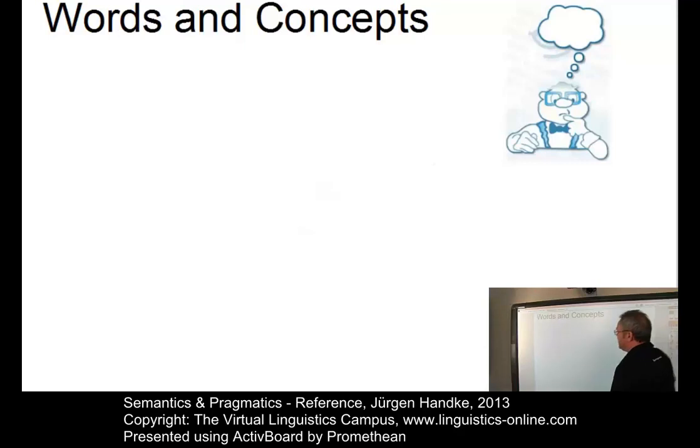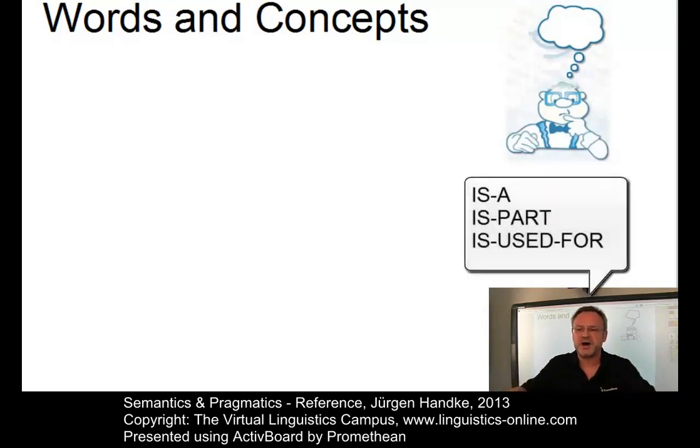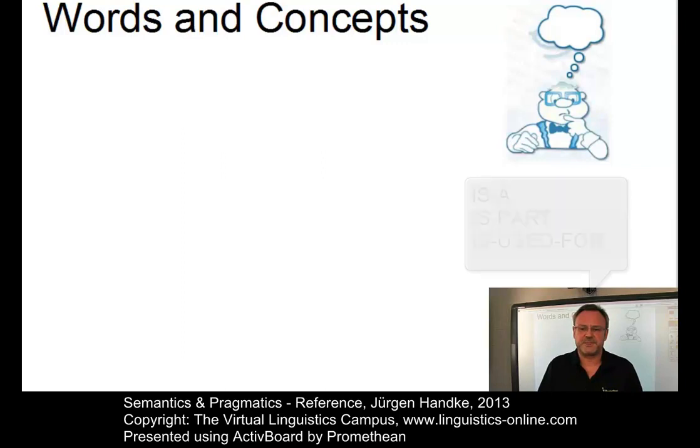Now, the final issue we have to sort out is how words are mapped onto concepts. Linguistic expressions, words, map onto complex multidimensional networks of concepts. The links between the concepts are of different kinds: is a kind of, is a part of, is used for, and possess variable strengths.